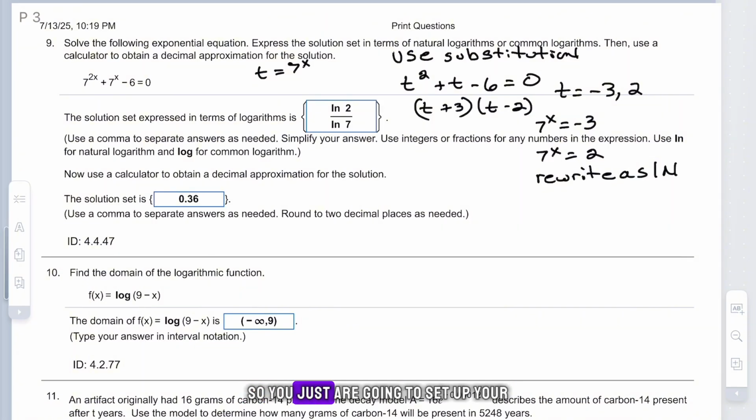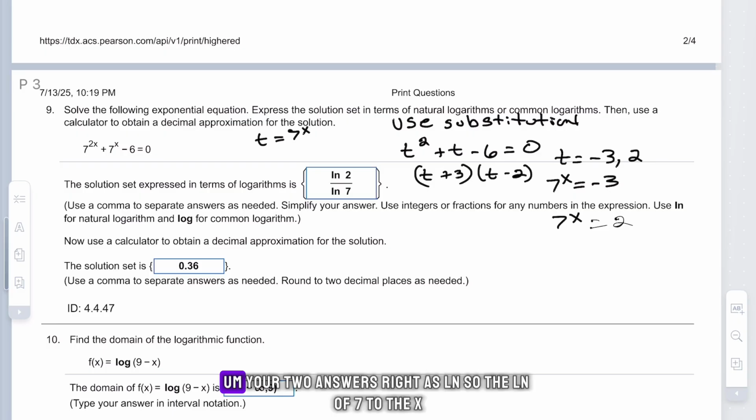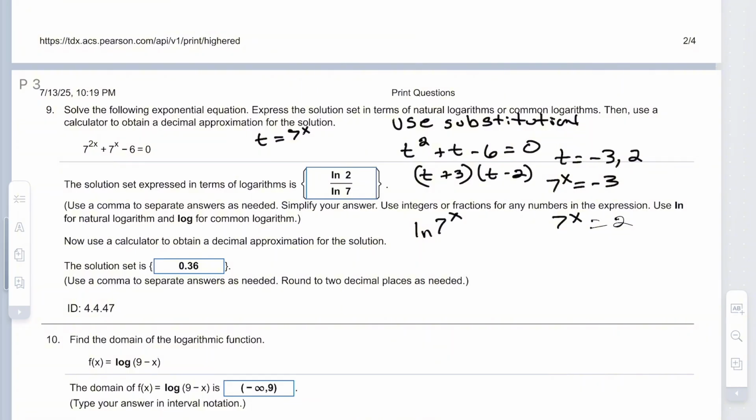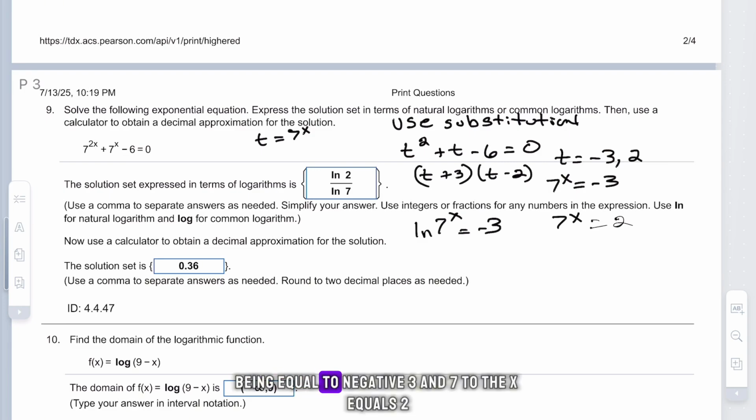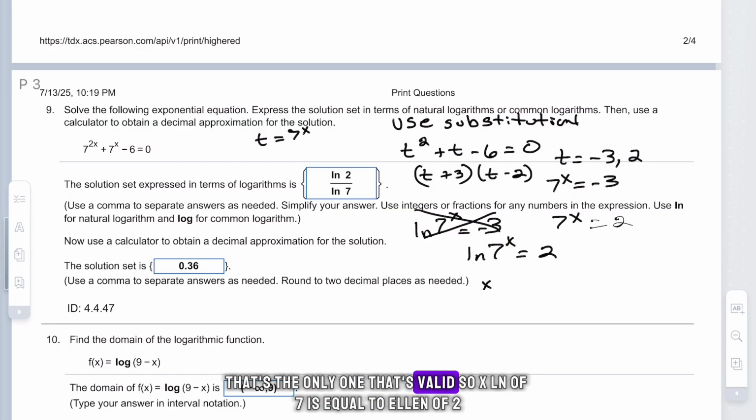So you just are going to set up your two answers as ln. So the ln of 7 to the x being equal to -3 and 7 to the x equals 2. So it's going to be ln of 7 to the x equals 2. That's the only one that's valid.